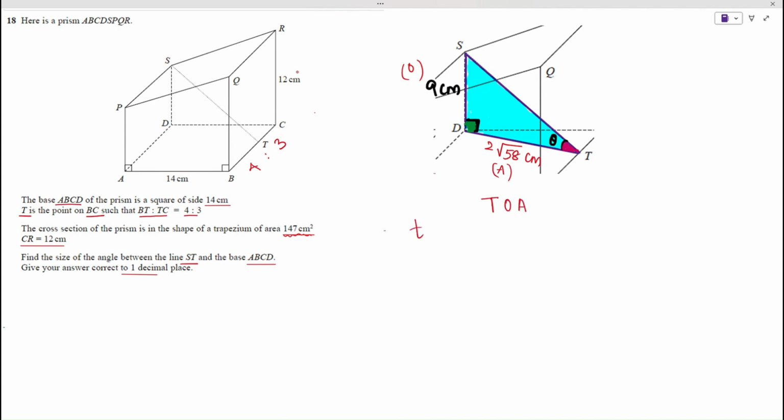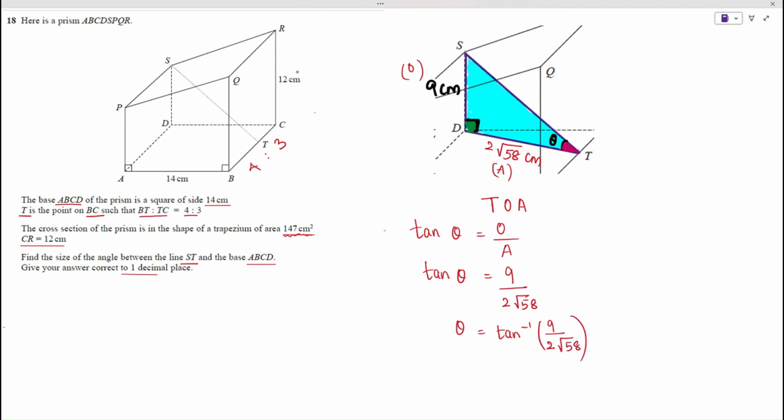So tan theta is equal to opposite over adjacent. And now we can substitute our values in. So we have tan theta is equal to 9 over 2 root 58. Now we can move tan to the other side. So we get theta is equal to tan inverse of 9 over 2 root 58.